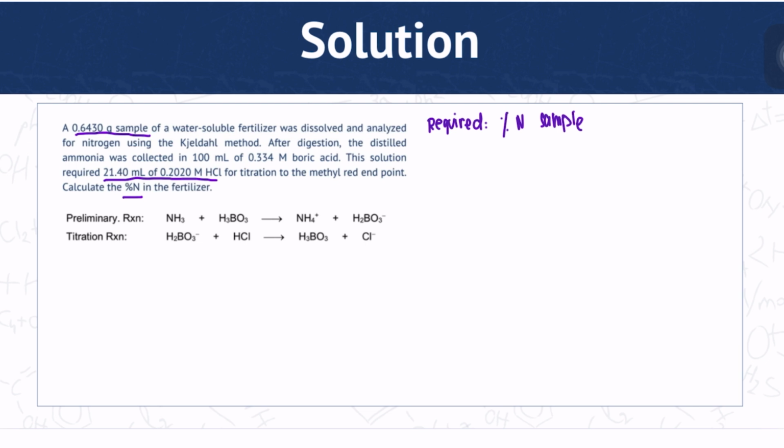So we can see that from the fertilizer, we get NH3, ammonia, and it is trapped in boric acid. So this is your 100 ml of 0.334 molar boric acid.